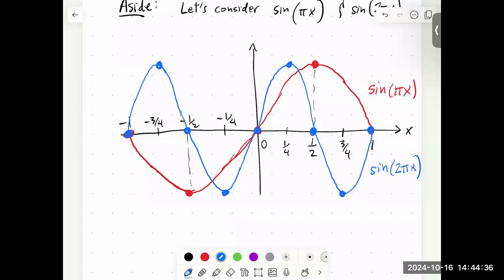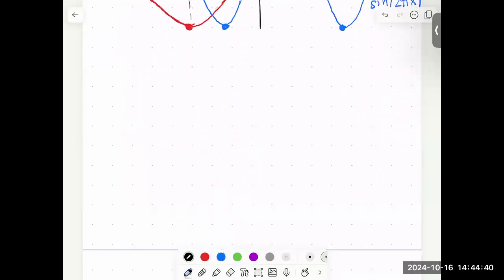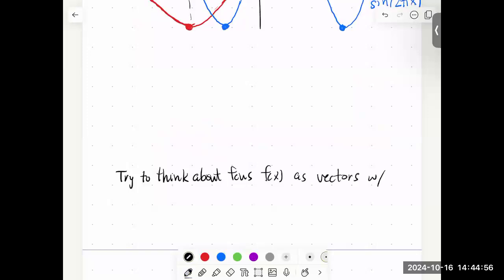I want to make this analogy with vectors and dot products. So I'm going to leave a bit of space, and we're going to try to think about functions f of x as vectors with components. How are we going to do that?